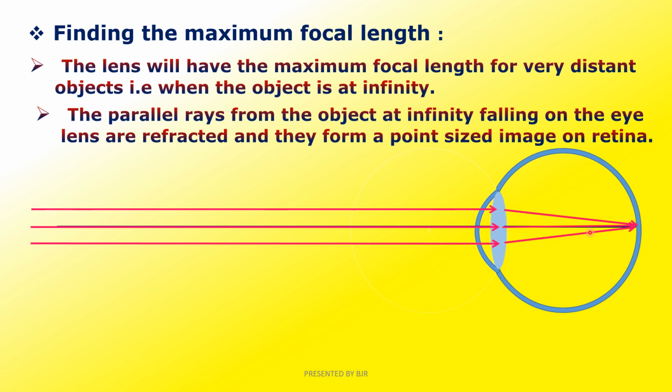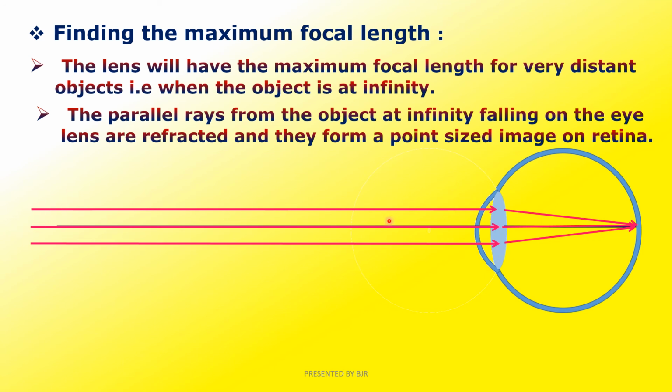Let us consider the maximum focal length of the eye lens is f maximum. And the object distance here is infinity, because the object is at infinity.